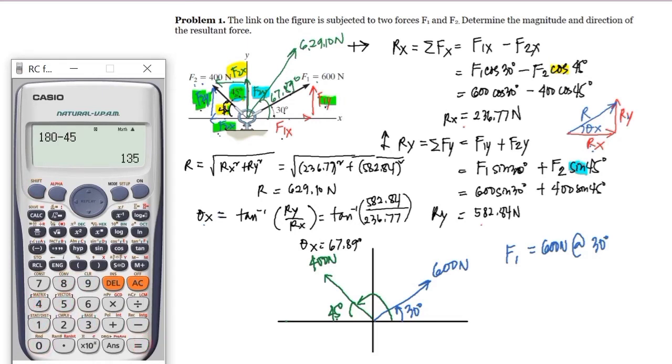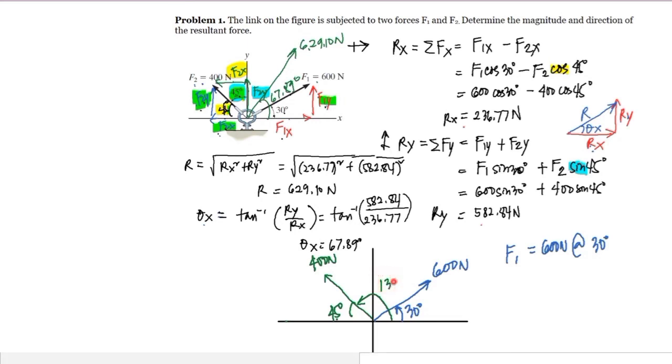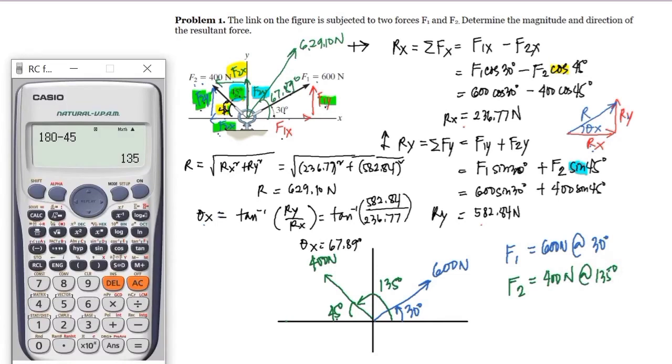So it's 135 degrees. This is 135 degrees standard angle. So the force 2 is equal to 400 Newton at 135 degrees direction.